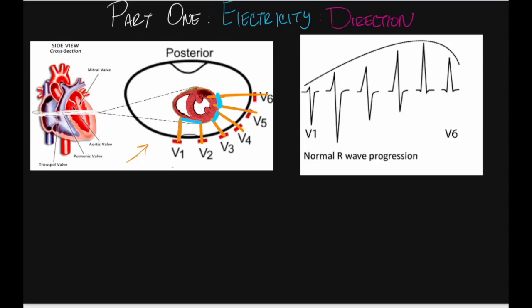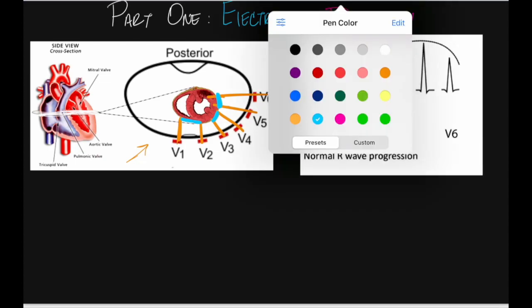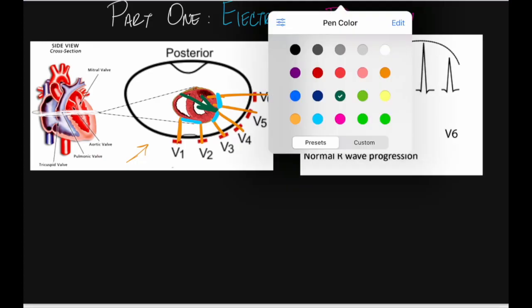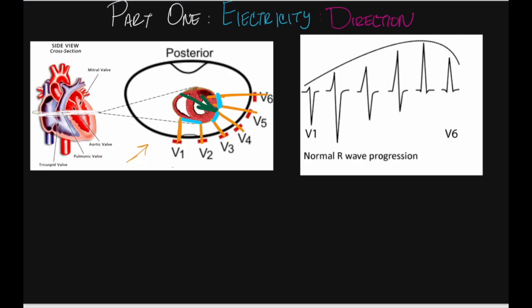And then if we add another piece of the puzzle, and that's the average electrical movement, we know it's from right to left, towards the part of the heart that has the most amount of muscle. And so we see that the trend continues, that where the electrical activity is towards the leads, we get positive complexes, or predominantly positive complexes.